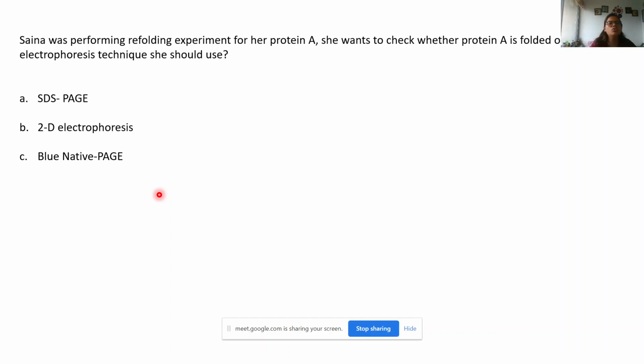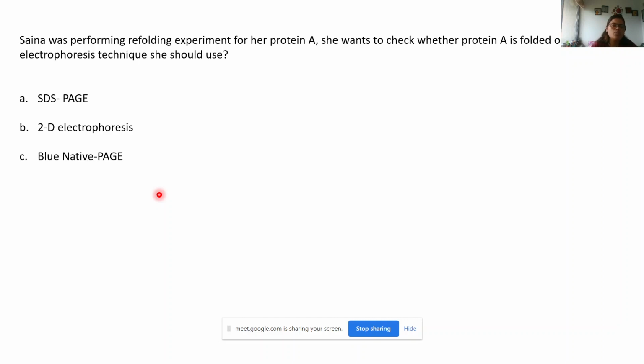But whenever you are doing a blue native PAGE, the entire structure will be retained, and that is why you will get a band at 80, because you have two monomers. It's a homodimer, meaning the same molecular weight and same properties.